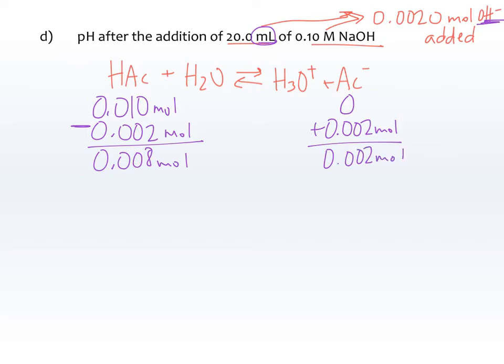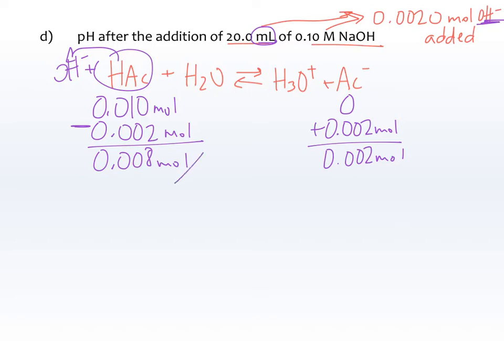So what's happening in this reaction is that the OH minus is reacting with this HAC and taking a hydrogen from that HAC and causing AC minus to be produced and some extra water.